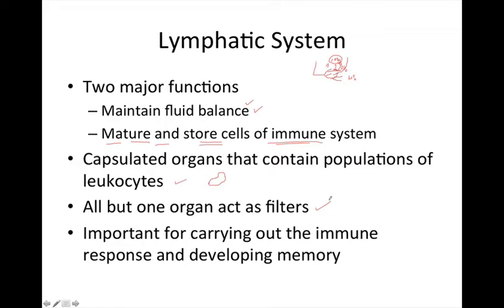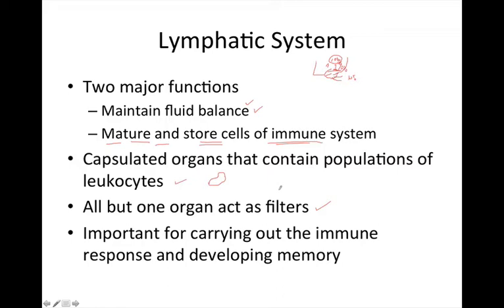Peyer's patches filter bacteria that came in from the GI tract, that we ingested, or any bacteria that may have stuck out of the colon into the small intestine. In general, all these lymphatic organs act as filters, with the exception of the thymus gland, which plays a critical role in the maturation of T cells. Again, I'll focus on that later.